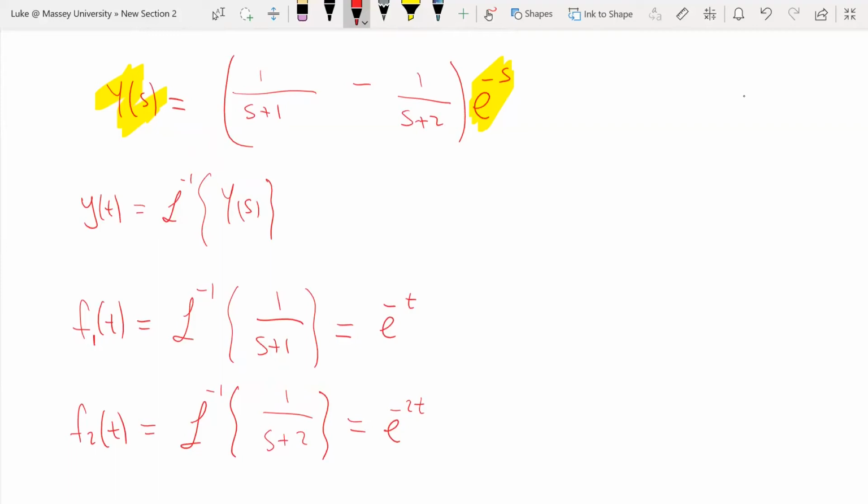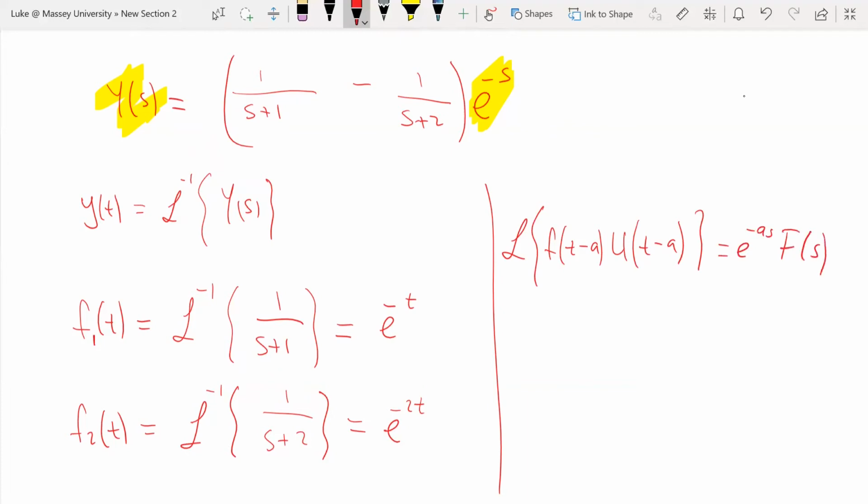It says the Laplace transform of f(t minus a) times the unit step function at t minus a is equal to e to the minus as times F(s).